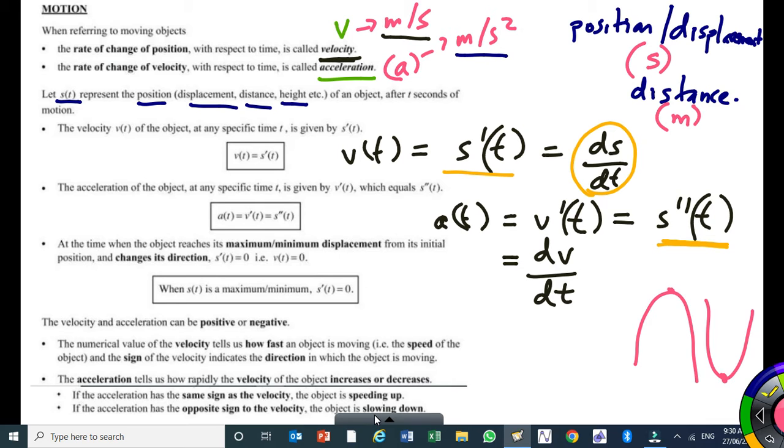So acceleration can increase or it can decrease. If acceleration is increasing, it means velocity is also increasing. So if velocity and acceleration have got the same sign, it means the object is speeding up. If their signs are different, it means the object will be slowing down. So these are some of the concepts that you are expected to know when it comes to calculus of motion. It's still part of calculus.